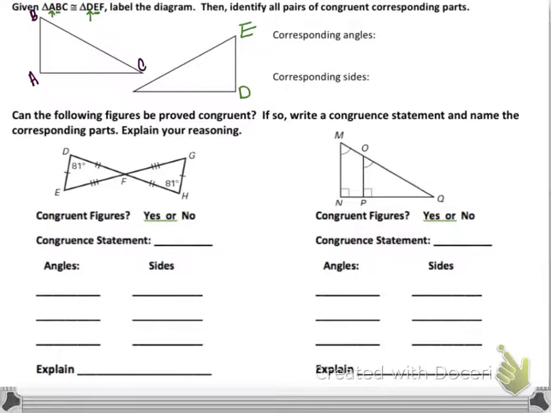So, now, C comes last, so does F. So C is that long distance away, so F is going to be that long distance away.